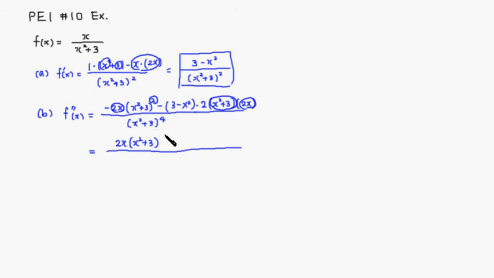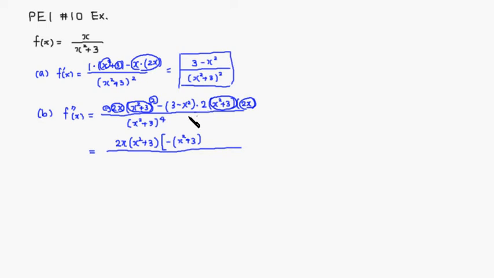So maybe I'll do it this way. You have a negative sign here, so that's left over, and also you have another quantity x squared plus 3, so I took care of this negative sign and I took care of this one, so that's it for the first term.